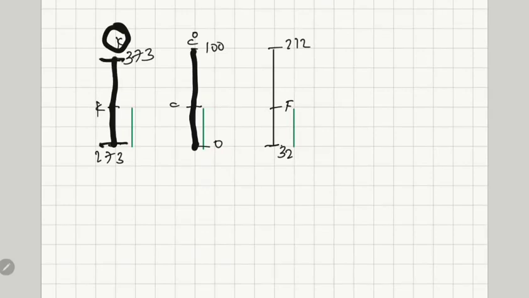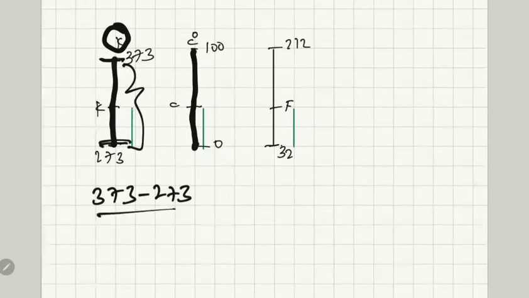The length is 373 minus 273. And the green line on Kelvin is K, unknown K, minus 273. And this is equal to this length.